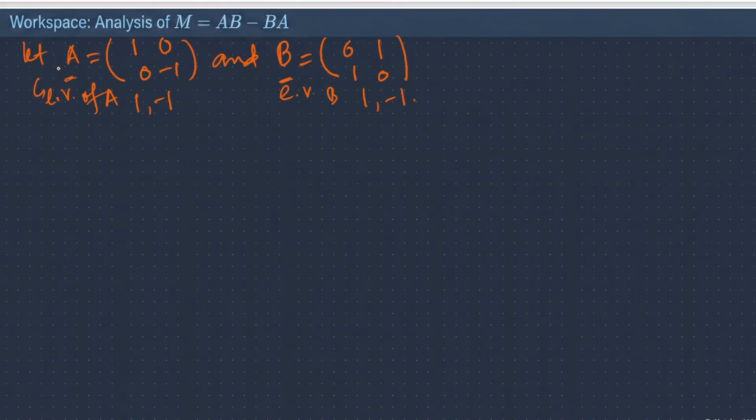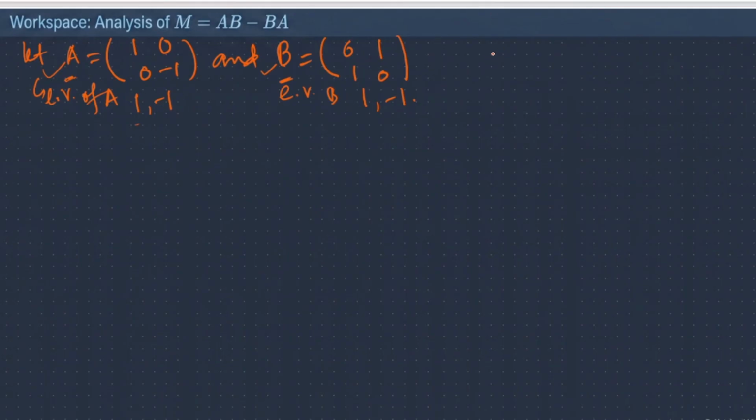Therefore, A and B are diagonalizable over R because of distinct eigenvalues, and the characteristic polynomial can be written as a product of distinct linear factors.